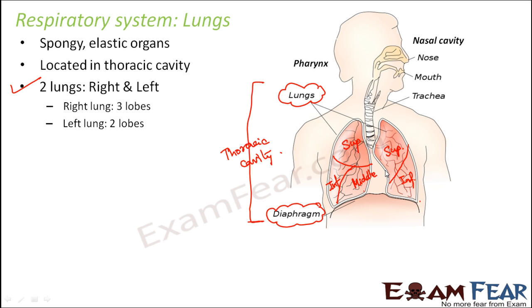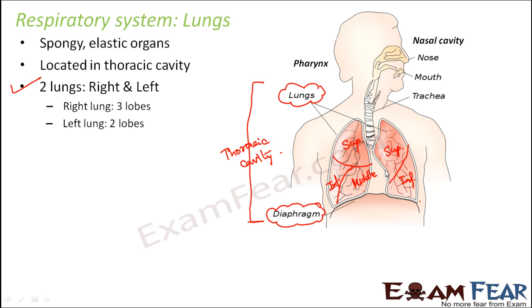Another important thing to notice is the elasticity of the lungs. This property is of great significance because the lungs are associated with the process of breathing. When we breathe in, a lot of air is coming in, so you need some space to accommodate that air. That accommodation is possible due to the elasticity of the lung.